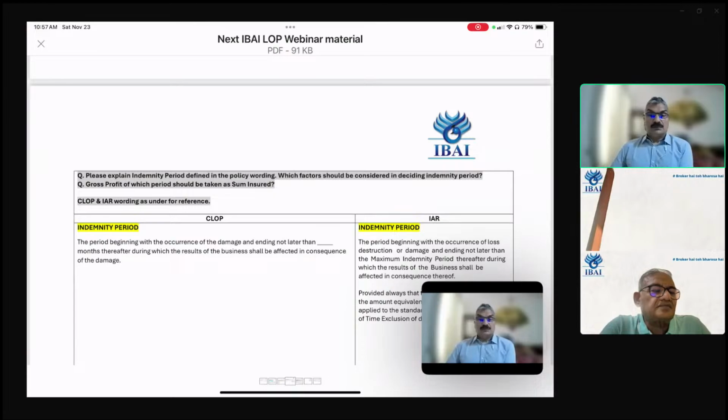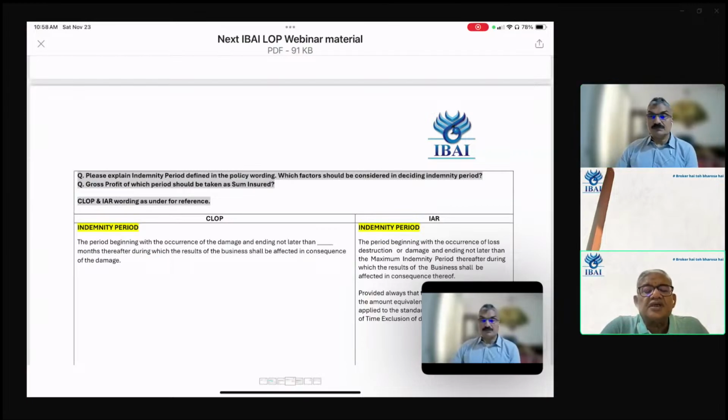You don't have to go beyond 12, 24 or 36 months, whichever is taken in the policy. So you cannot adjust the loss until you have the entire results available. You need to wait for the maximum indemnity period to be over, take out the results, and then do the loss adjustment.